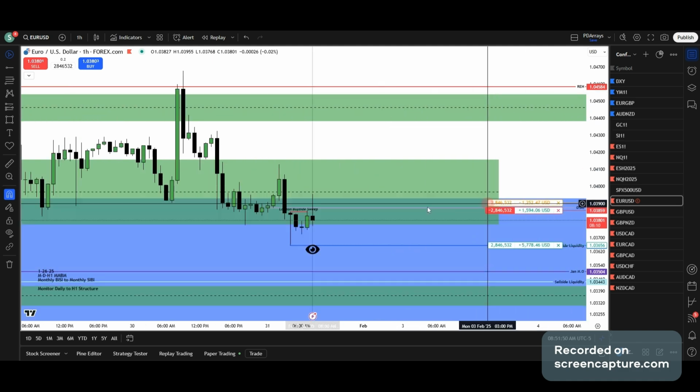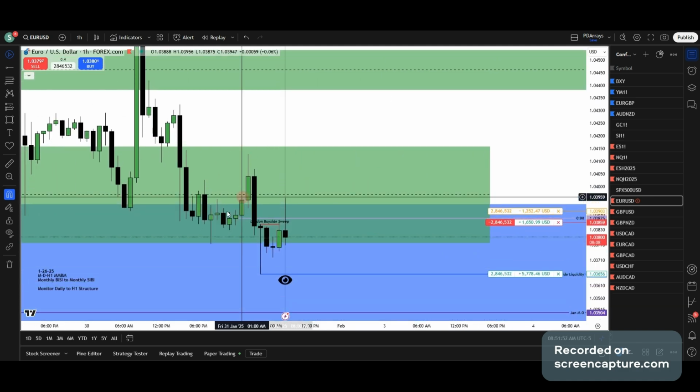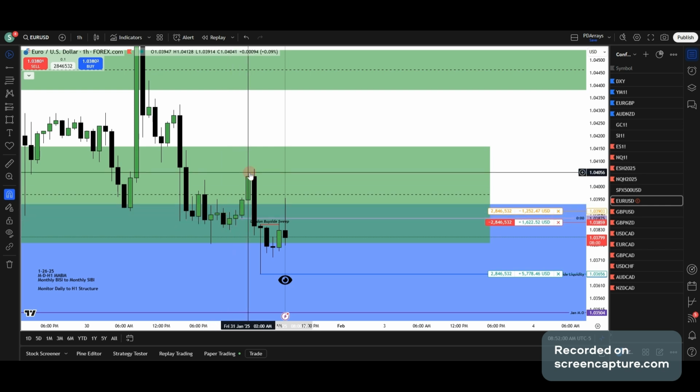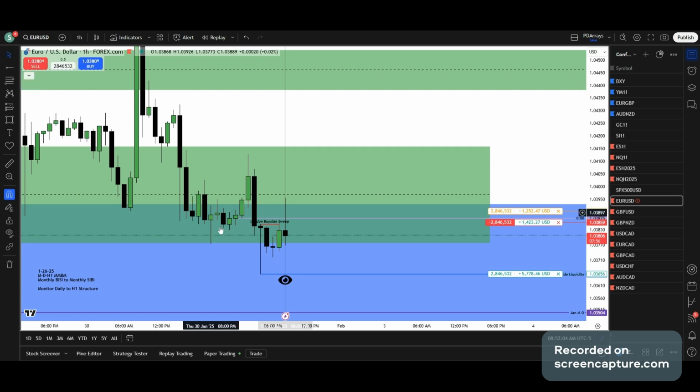Okay, so the logic behind having that plotted on the chart is I like to see that power of three. So the three is the accumulation, manipulation, and distribution. And I'll put the arrow on. Okay, so that's our New York midnight opening price there.